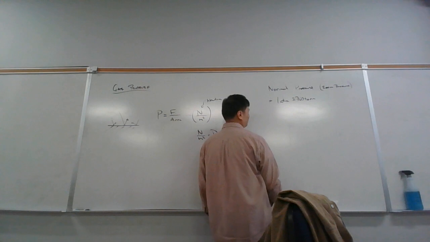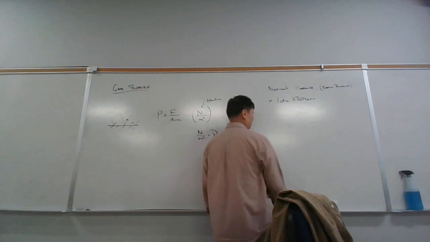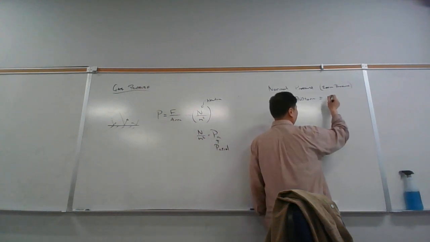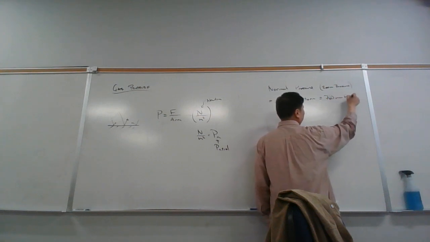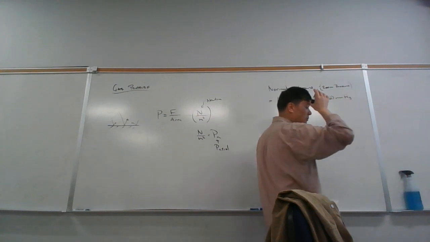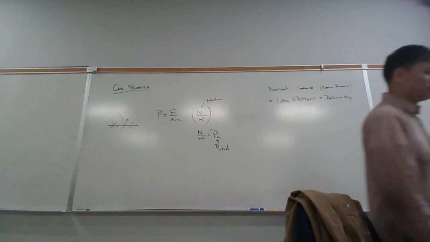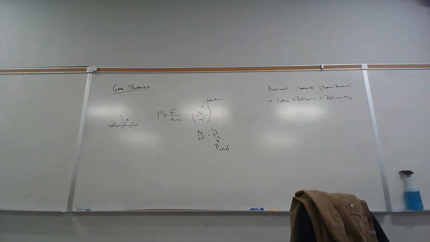Exactly. And then you have the millimeters of mercury, which is 760 millimeters of mercury. Not so exact, but close enough to exact. We'll talk about why it might not be so exact here in a little bit.